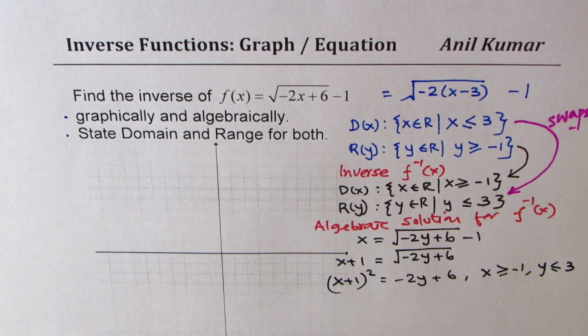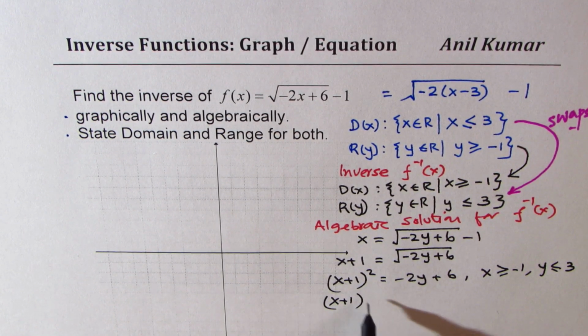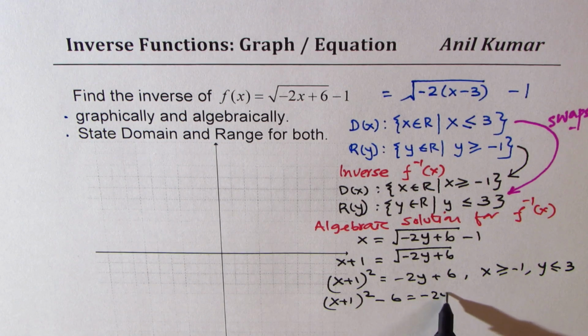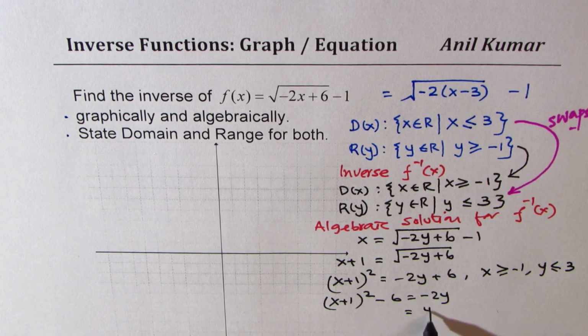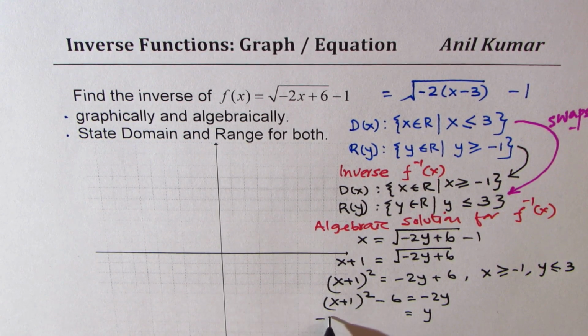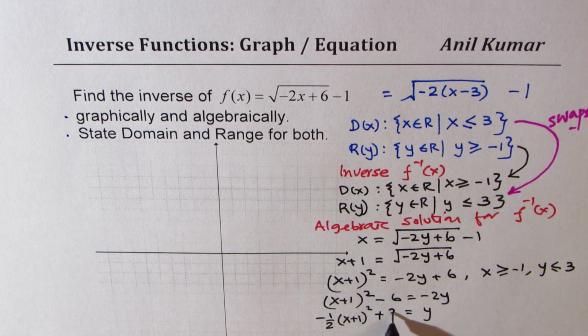Now this is very critical. Now you should proceed forward, right? So you get from here x plus 1 whole square minus 6 equals minus 2y, or y equals, dividing by minus 2, we get minus half of x plus 1 whole square plus 3, right?